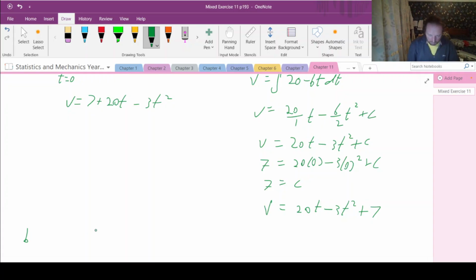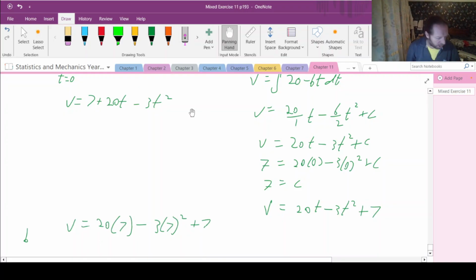Part B, show that the velocity equals 0 when t equals 7. So velocity is equal to 20 times 7 minus 3 times 7 squared plus 7, just substituting in the values.